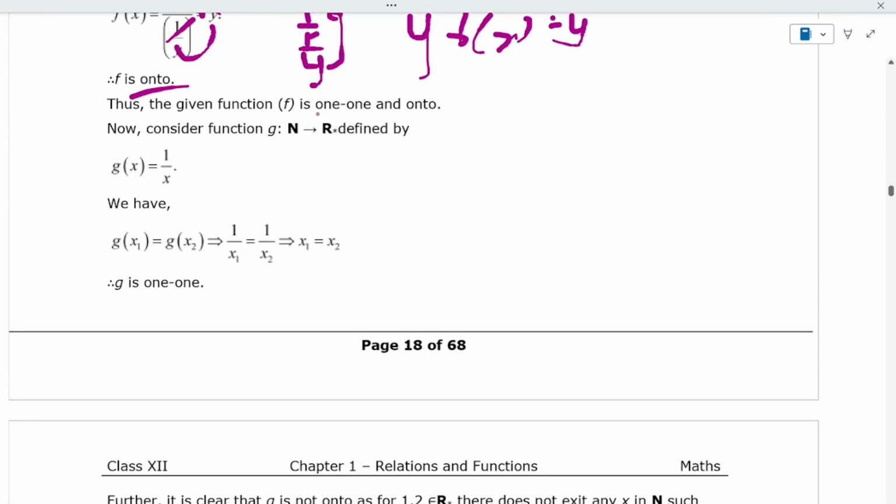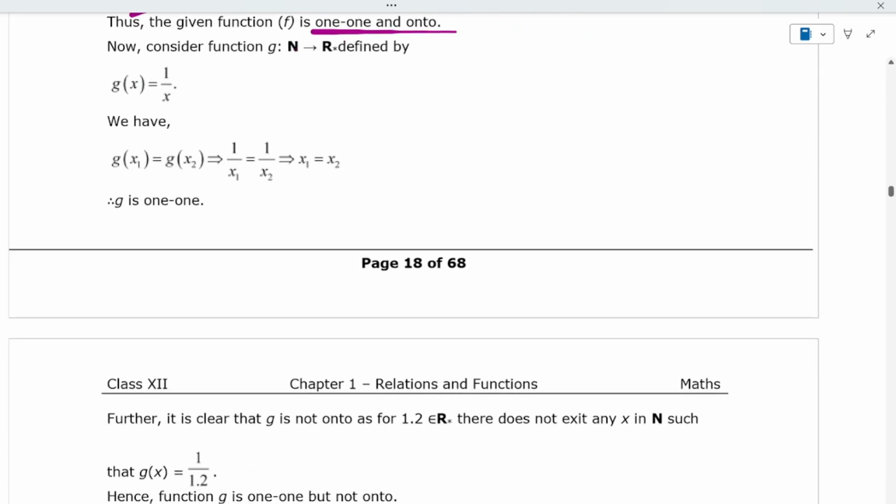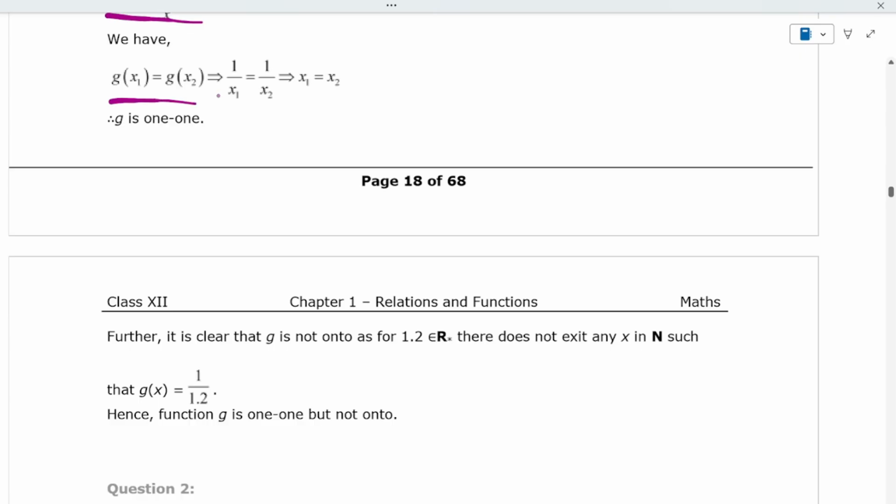Now let's see one-one and onto when R is replaced with N. Write the function g from N to R defined by g of x equals 1 by x, considering the function as g. Take g of x1 equal to g of x2, that is 1 by x1 equals 1 by x2.